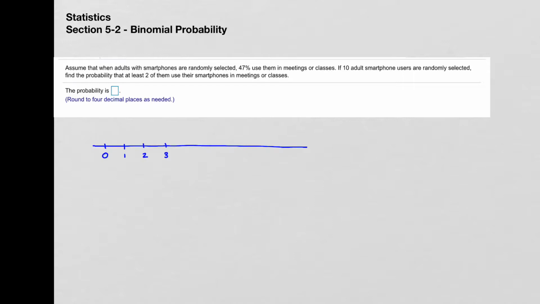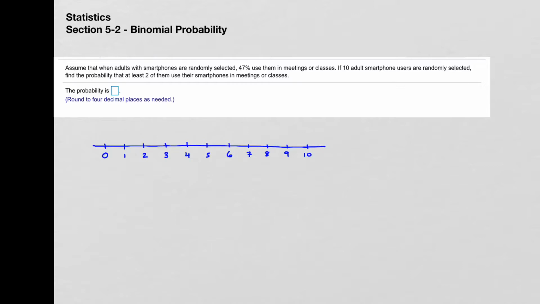We can't have anything in between any of these. This problem is a good one just because we have a low number of trials, so it's easier to see what's going on here. So we could have as many as 10 successes, anywhere from 0 to 10.